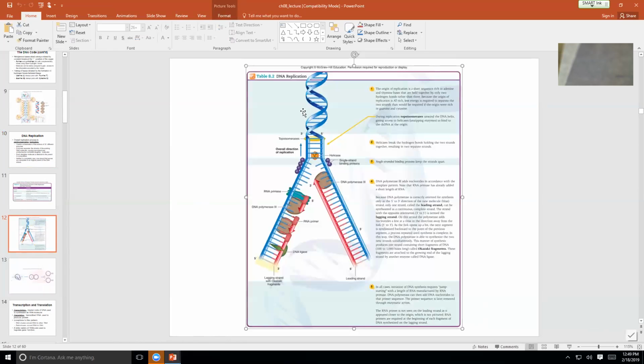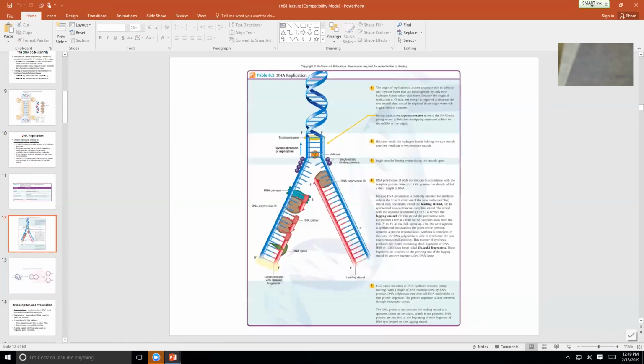And because of the law of complementary base pairing, these become the two new strands, and each of the two new strands has one old strand that was its blueprint. Law of semi-conservation. These two strands are identical to the first.